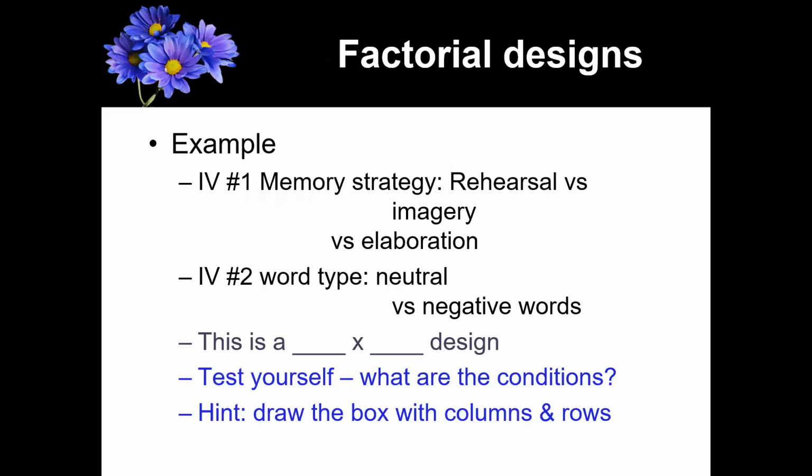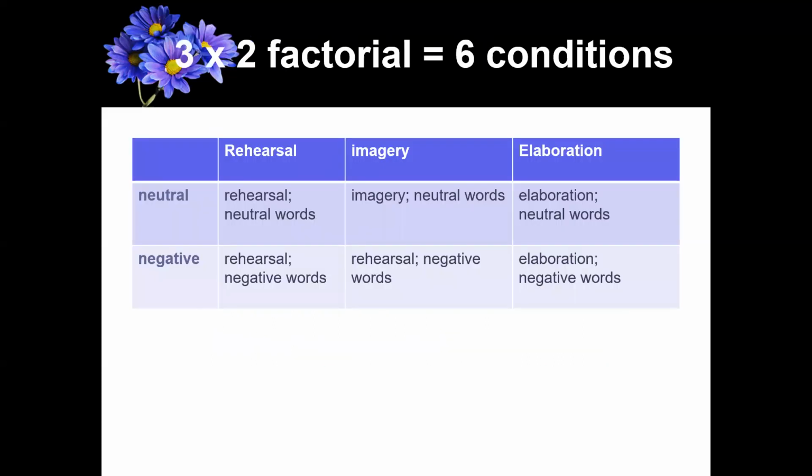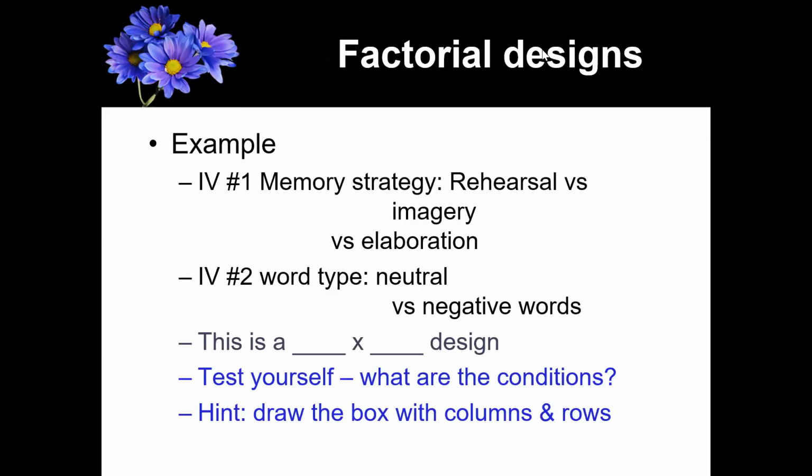So let's look at a more practical example. Let's say we wanted to look at memory strategy, rehearsal versus imagery, but we wanted to add a third level to that independent variable. So we still have 2 independent variables, but one now has 3 levels instead of 2. Meaning we have rehearsal, imagery, and elaboration.